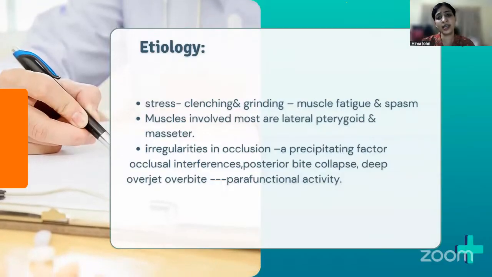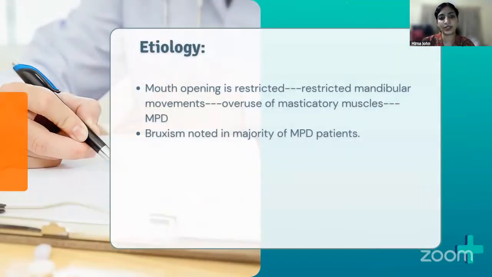Now, etiology can be anything. It can be anything from stress, clenching and grinding of your teeth, which leads to muscle fatigue and spasm. And muscles involved mostly are your lateral pterygoid and masseter muscle. Irregularities in occlusion have been proposed, which could be occlusal interferences, posterior bite collapse, deep bite, increased overjet, overbite, and all these could lead to parafunctional activity, that is presence of either bruxing or clenching of teeth could be seen in these patients.